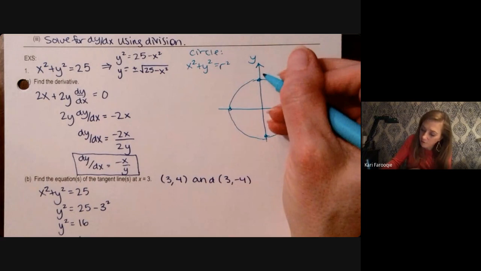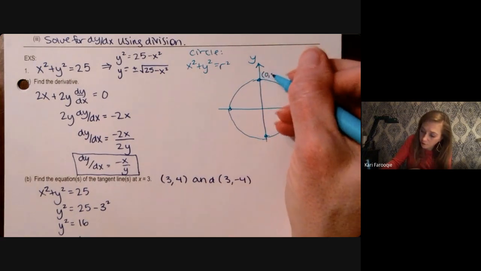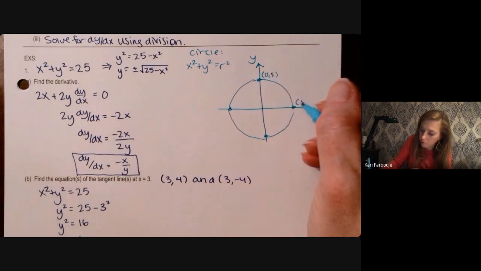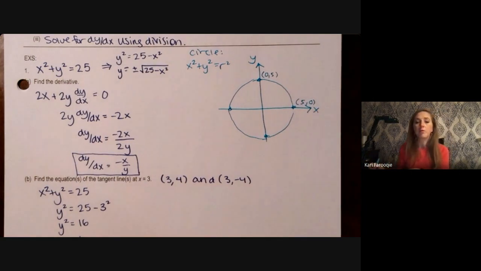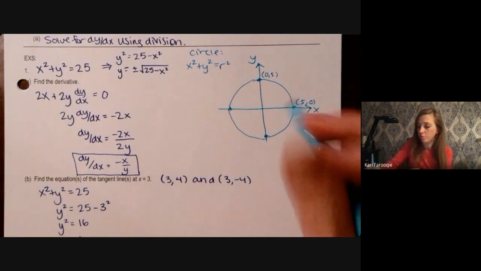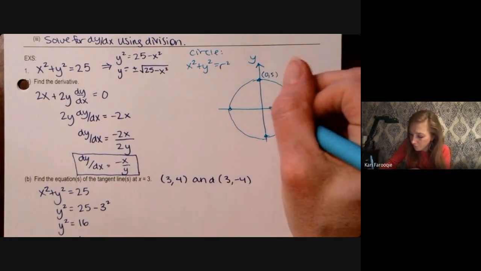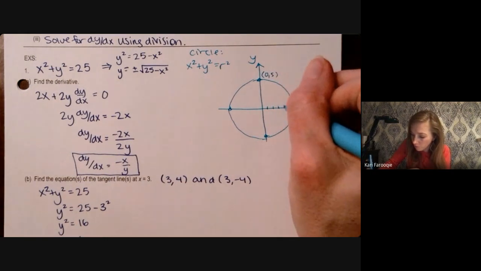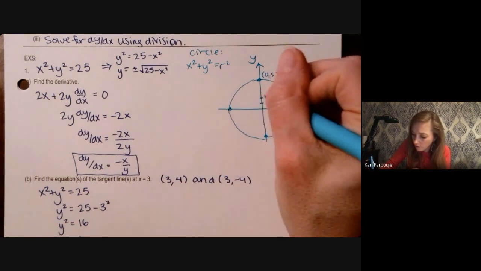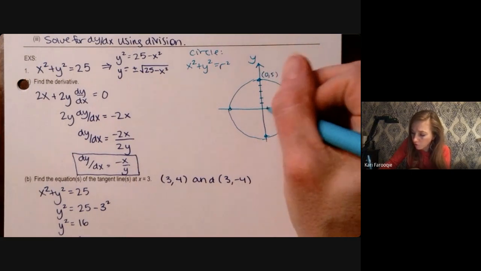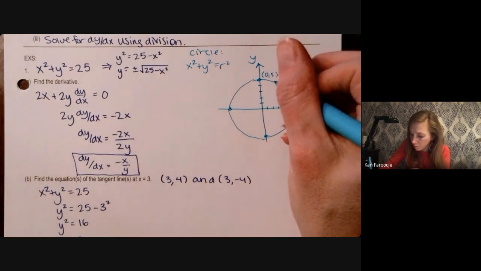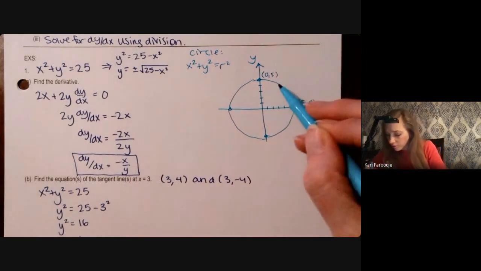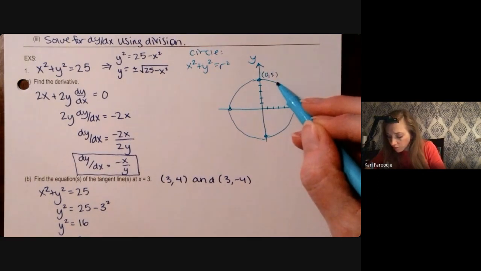So you have this point here at (0, 5), and then down here you have a point at (5, 0). So what we're looking at is the point at (3, 4). So let's see, 1, 2, 3, 4, 5. So the point (3, 4) is about right. I'm not looking at this straight on, but it's about right here.